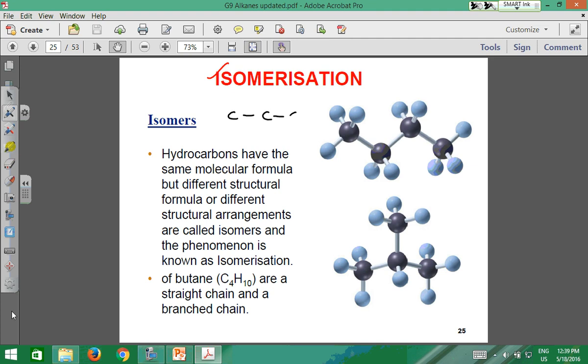This is called butane. So 4 carbons are there, and 4 times 2 is 8, plus 2 is 10. Then add hydrogen. 10 hydrogens will be there, all hydrogens like this. So this is C4H10. This is called butane.